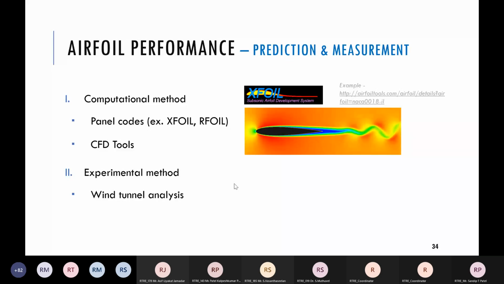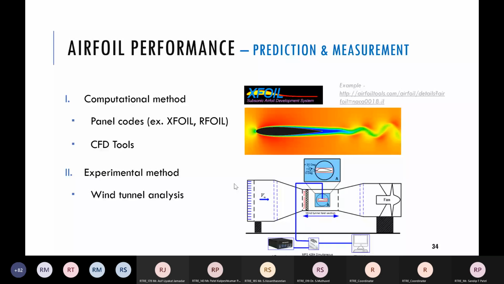it is a bit time consuming compared to Xfoil, and it requires some experience and expertise to perform a good CFD analysis, having results nearer to the real data. Fine. And finally, we can always go for experimental methods.